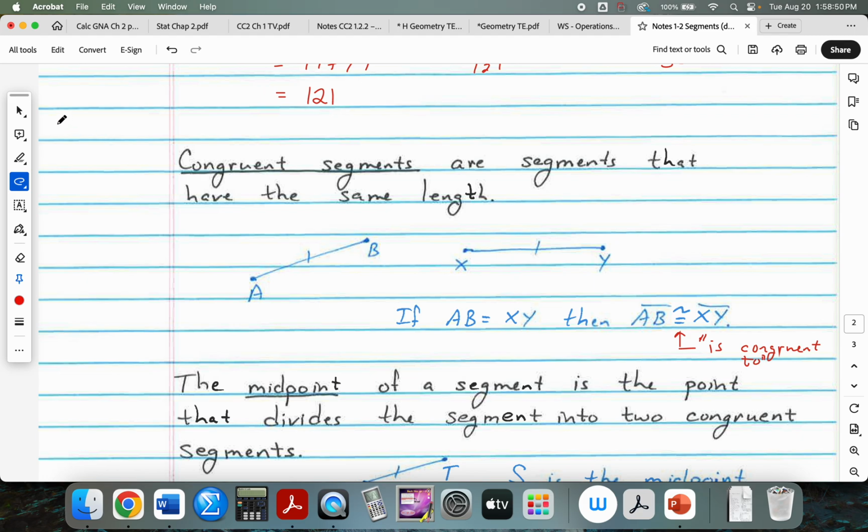In general, congruent objects are the same size and the same shape.